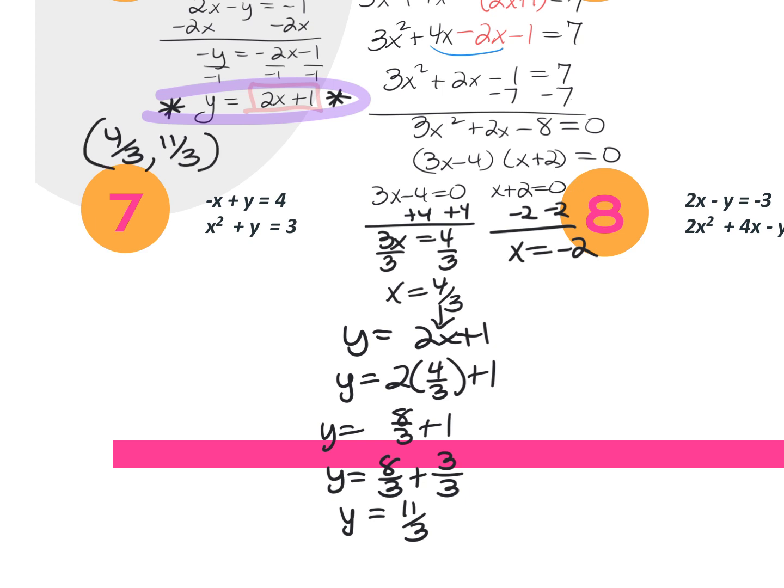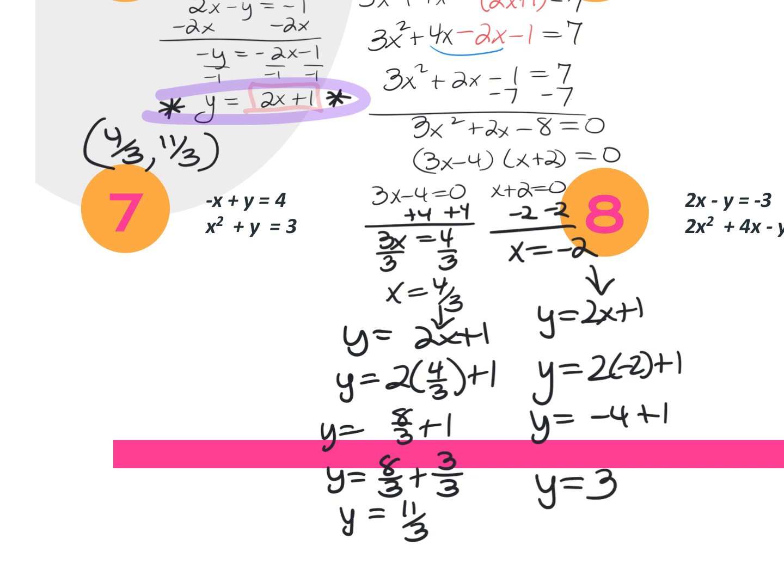And now let's plug in, same equation, y equals 2x plus 1. This time I'm going to plug in -2. So y equals 2 times -2 plus 1. 2 times -2 is -4, and -4 plus 1 is -3. So this ordered pair is the ordered pair -2, -3.